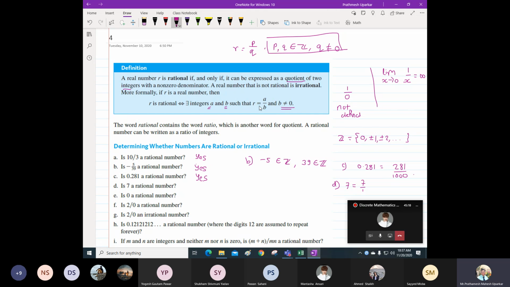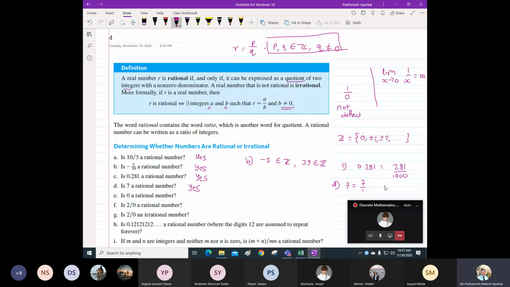So definition satisfy कर रहा है कि नहीं कर रहा है? आपको सब डेफिनेशन ही देखना है. डेफिनेशन अगर समझ में आया तो ही आप दे सकते हो इसका जवाब. Is 7 an integer? 1 is an integer. So we can write 7 by 1, where the denominator is not equal to 0. So it is an integer.